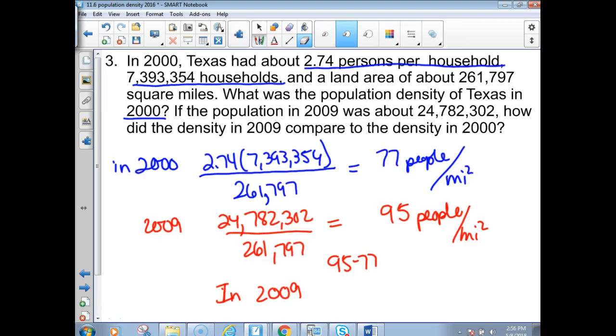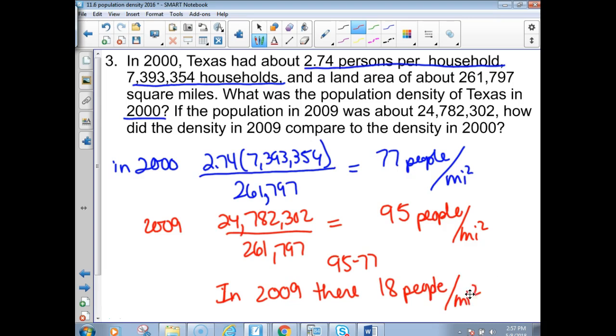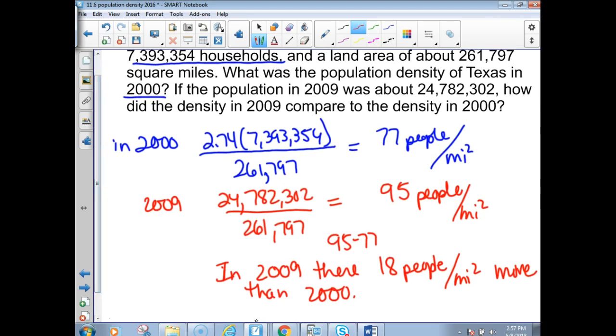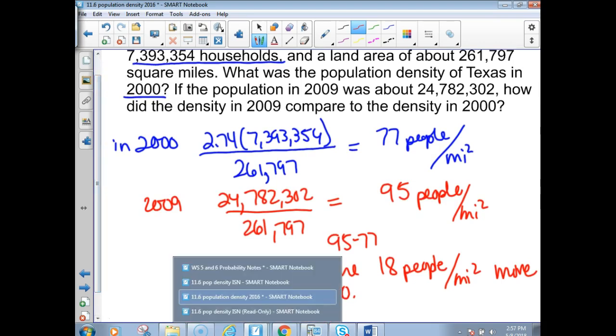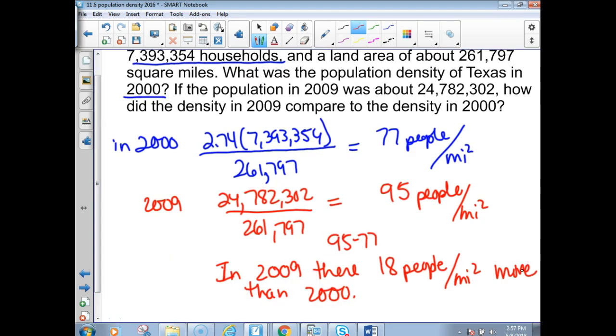In 2009, there were 18 people per square mile more than in 2000. So clearly the population was increased. That says more, not move, more.